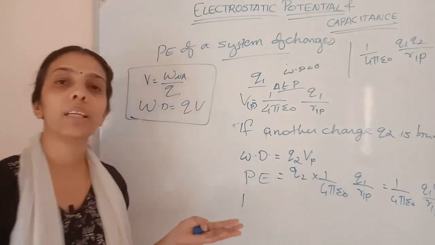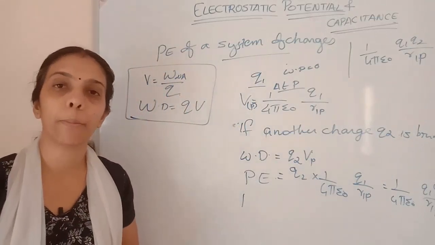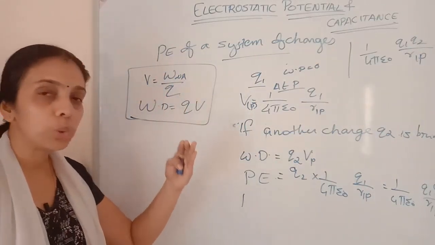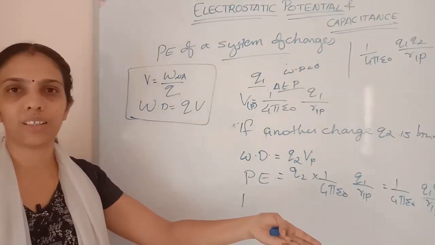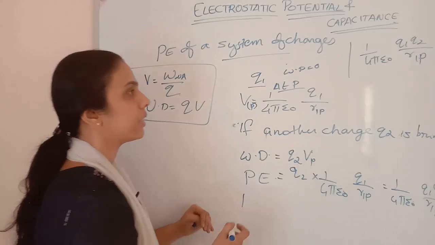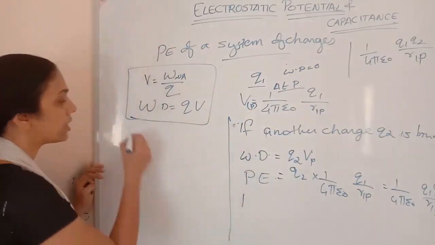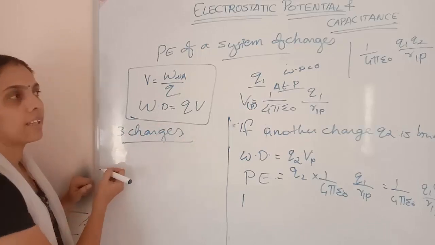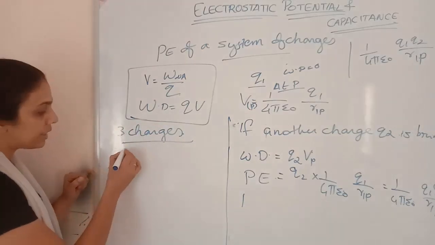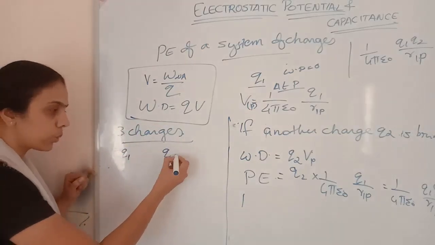Now, if I bring a third charge, what will happen? I should do work against the first charge and against the second charge. So, if three charges are present, Q1 and Q2 are already there.